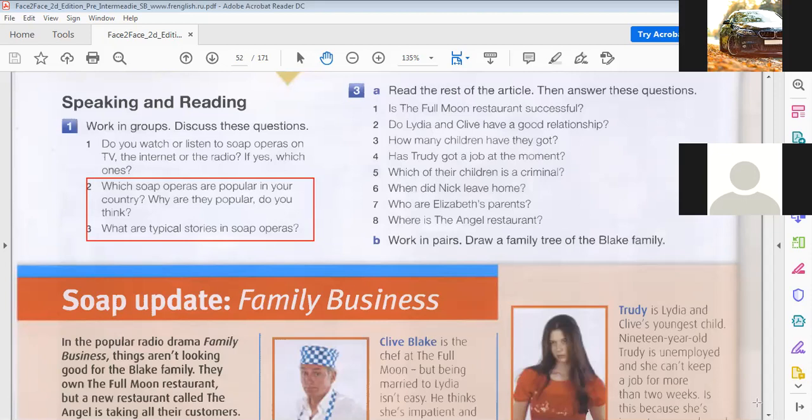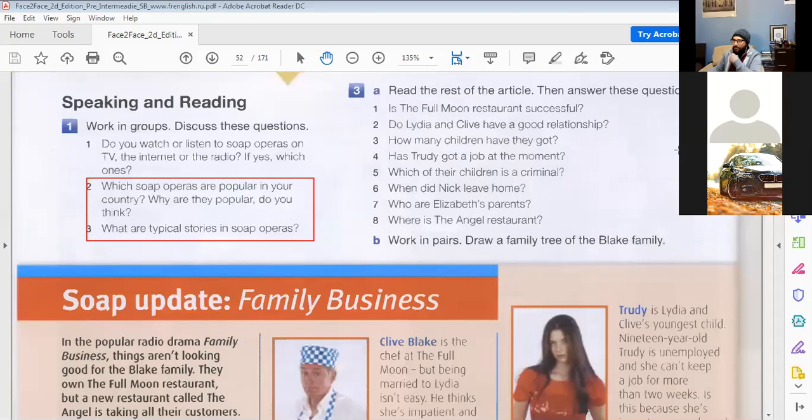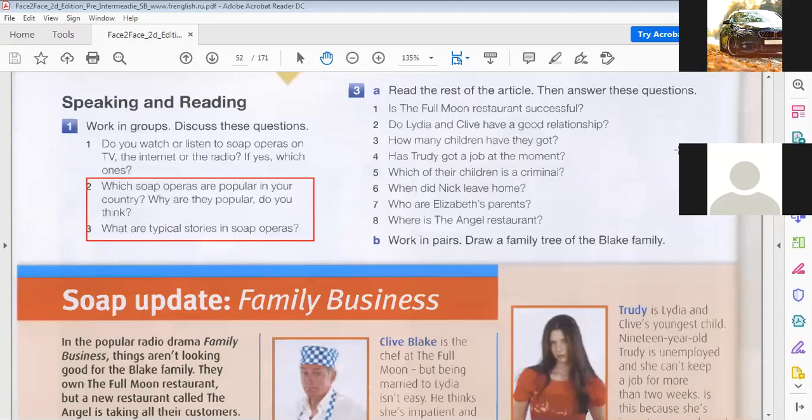What about you, Selma? Do you see a lot of soap operas? Or not a lot when you're at home? And do you like soap operas? Who likes soap operas here? Maybe Safia or Manal.